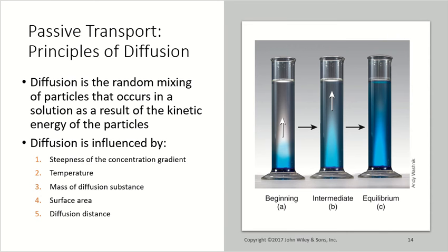It's going to be influenced by the steepness of the concentration gradient, so how big of a difference we have between our two concentrations. Temperature is going to influence diffusion, as well as the mass of the diffusing substance, the surface area that's available for diffusion to occur across, and then the diffusion distance, how far it's going to have to diffuse in order to be randomly mixed. All of these are going to influence the whole process of diffusion.